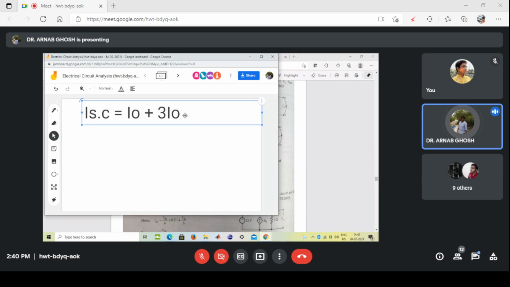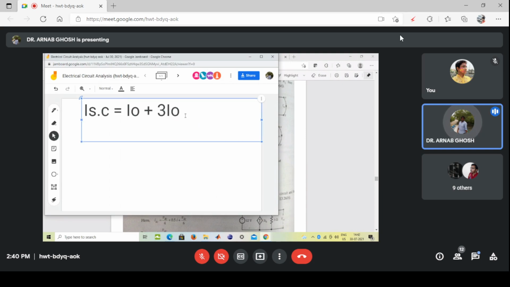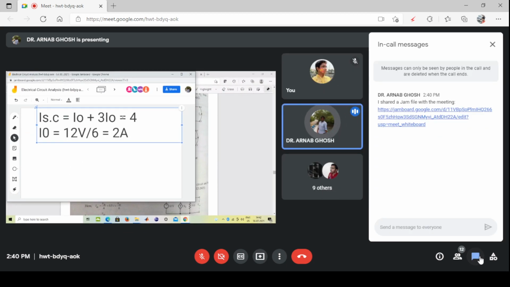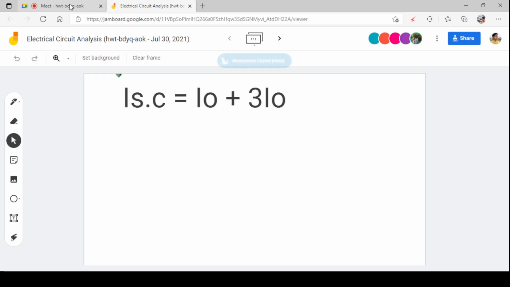Your I0 will come out to be, see, you are given a 12 volt source, and this I0 is coming out to be 2 ampere. So this ISC will come out to be 4 times I0, that is 8 ampere. This is your ISC.